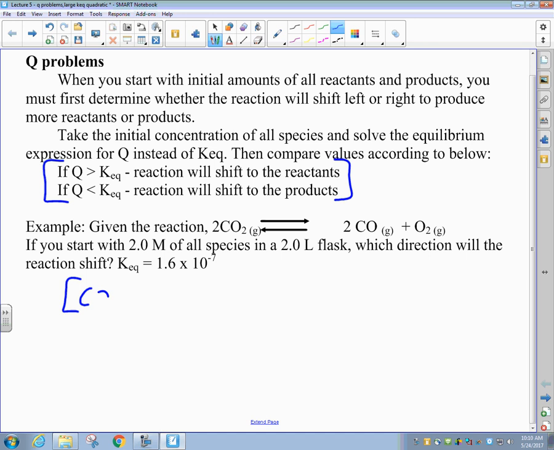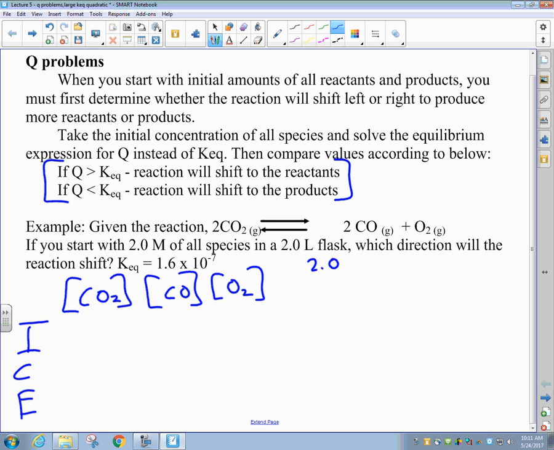If we were to set up an ICE chart for this, we'd have I, C, E, and you have 2.0 molar, so that would be our initial concentration for all three. So this is the point at which you would say, okay, wait a minute. I have initial concentrations of all of them, therefore I can't easily determine what the change is.